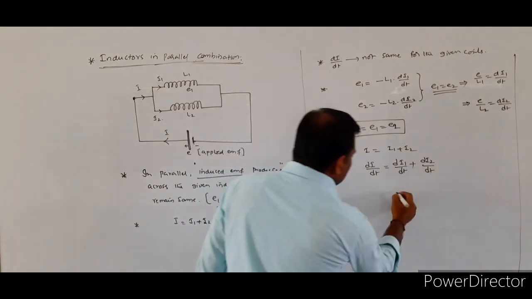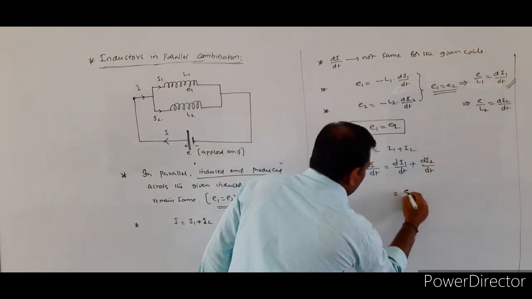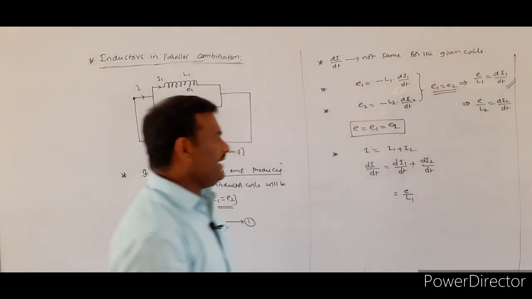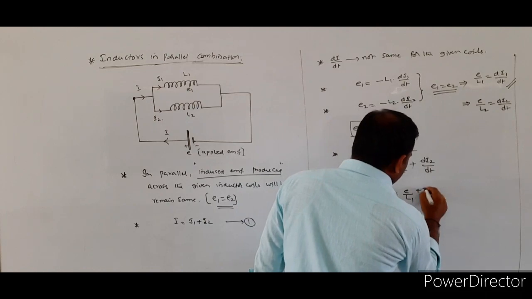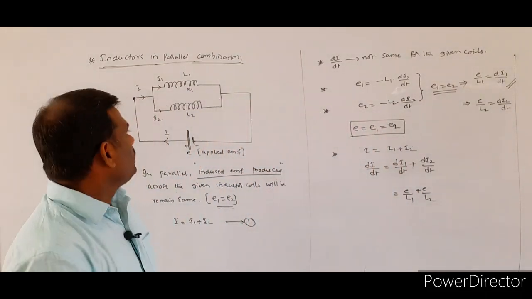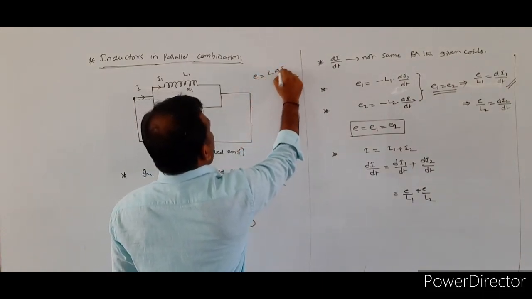So here, what is di1 by dt from here? This value is equal to E by L1, and di2 by dt is equal to E by L2.